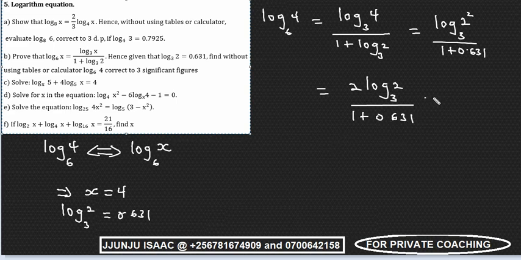So now you can see that we have 2 times the log base 3 of 2, which is 2 times 0.631 as it was given in the question, then over 1 plus 0.631. Let me just write the answer. It will be 1.631, and that is log base 6 of 4.